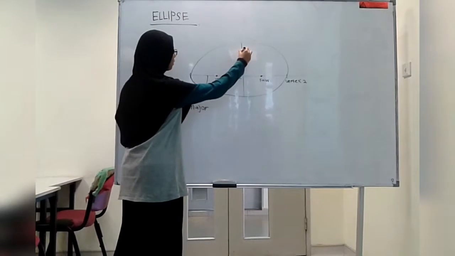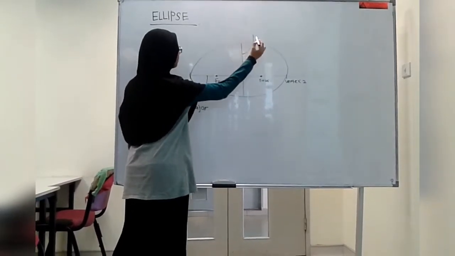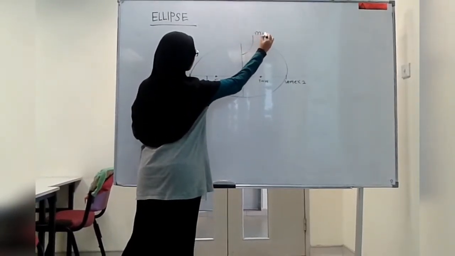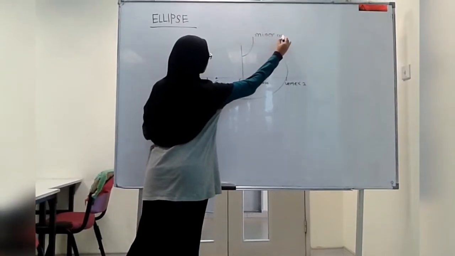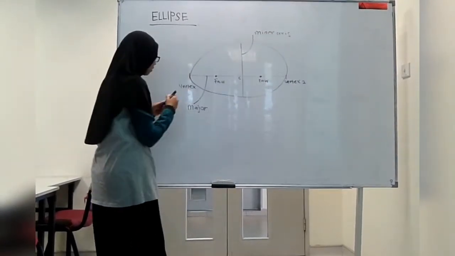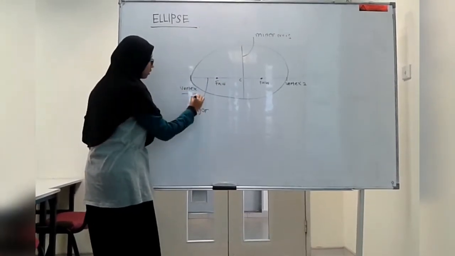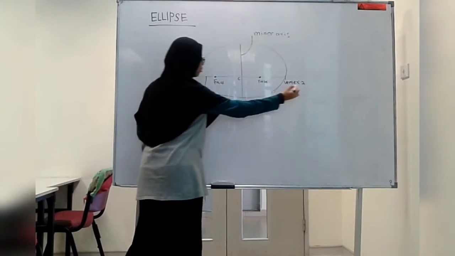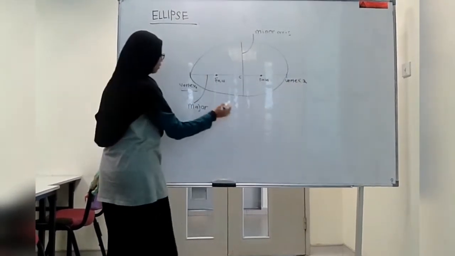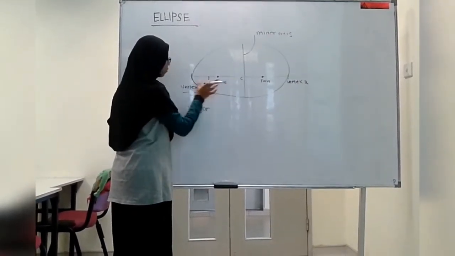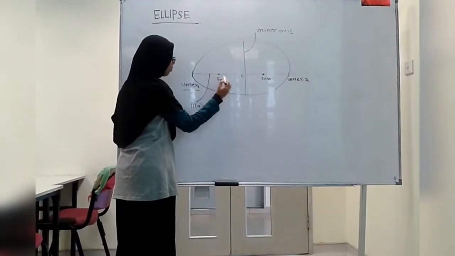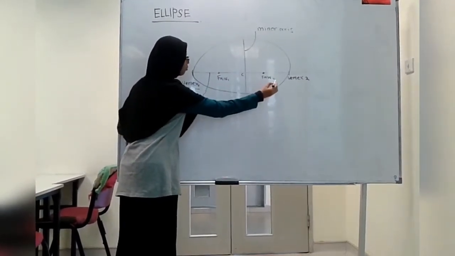And this line perpendicular to the major axis is the minor axis. The ends on the major axis are called vertex 1 and vertex 2. And between the center and the vertex, we call focus 1 and focus 2.